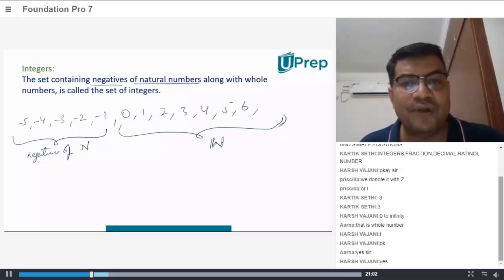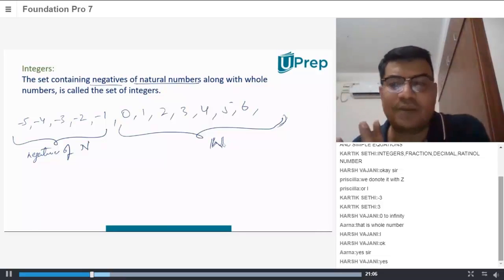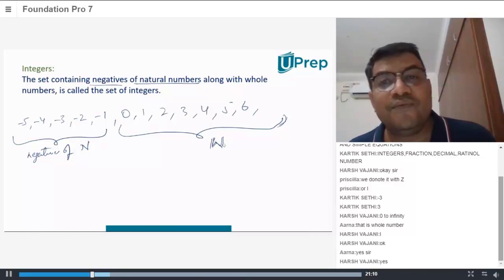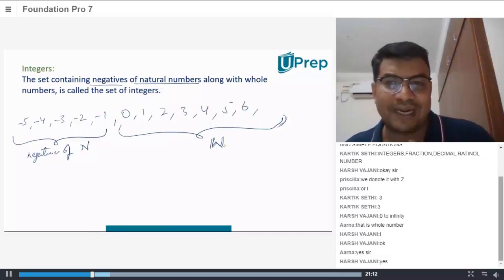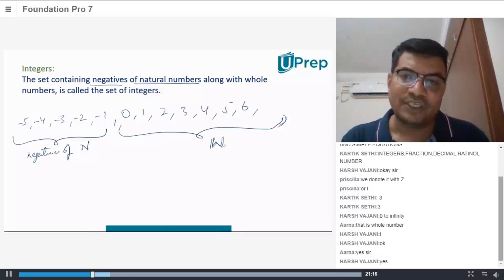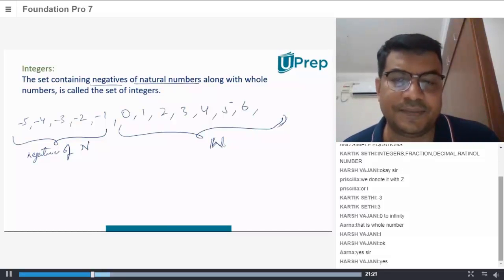The set containing negatives of natural numbers, which you can see as all these negative numbers on the left, and the entire whole numbers. So a set of negative natural numbers plus whole numbers constitutes all your integers.